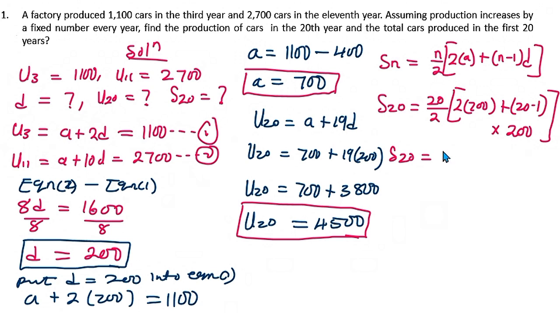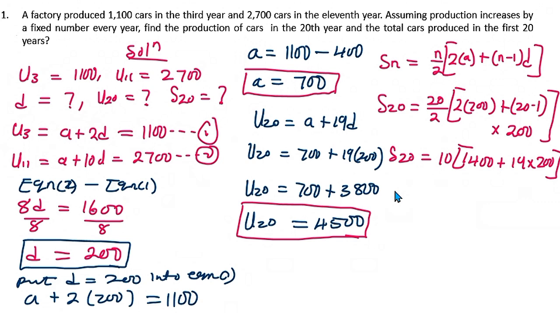So 20 divided by 2 will give us 10. And let's work out what is inside the bracket. 2 times 700 is 1,400, plus 20 minus 1 is 19 times 200.